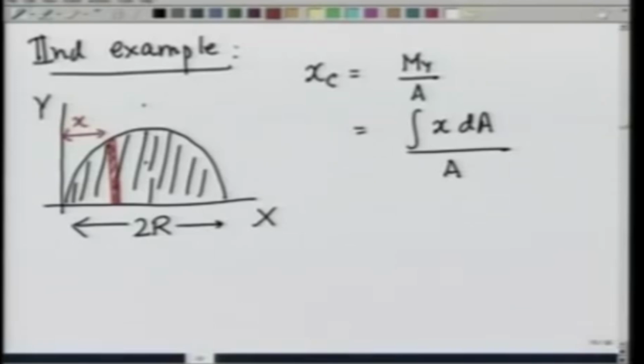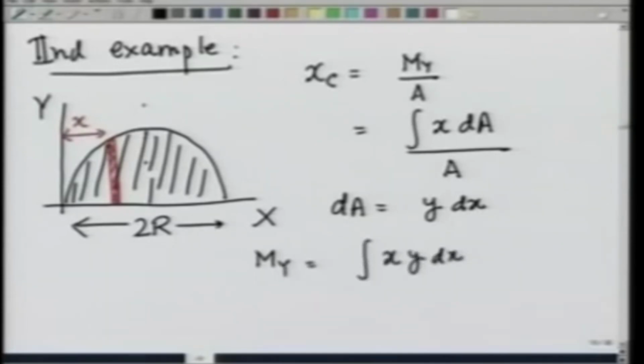You can see that dA in this case therefore is going to be the area of this strip, which is y dx, and therefore my is going to be integration x y dx, x varying from 0 to 2r.